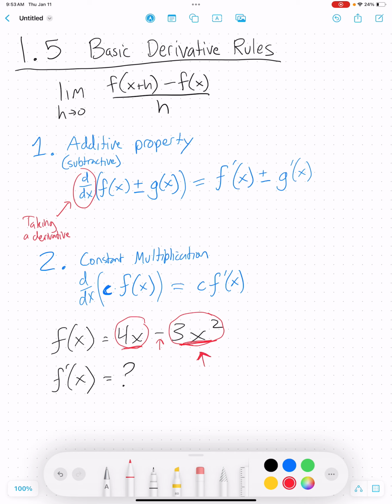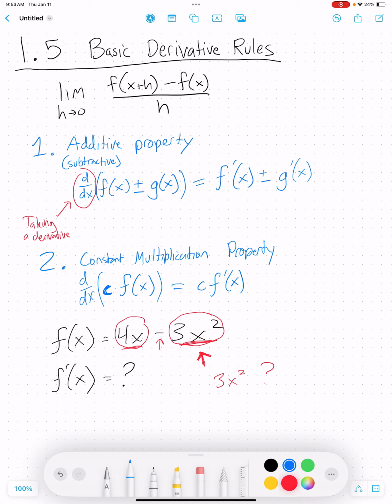Okay. Well, now in that case, let's just zoom in on this one. So if all I have to do, based on that subtractive property, to find this derivative as a whole, I can focus in on this derivative. Well, what's the derivative of 3x squared? Well, according to my constant multiplication property, we'll go and put a little property at the end of that.